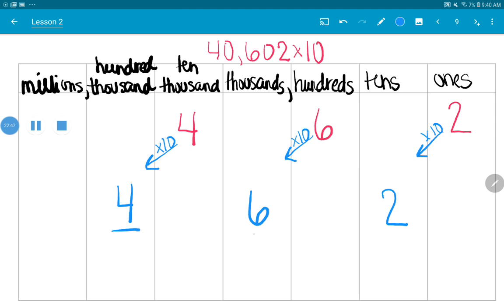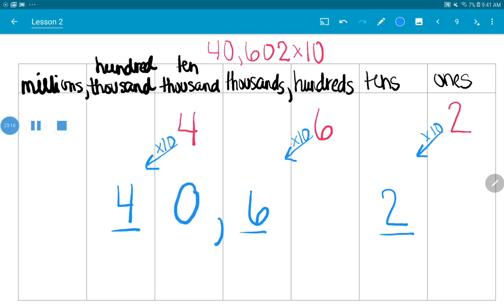Okay, so I have 400,000s. I have 6,000s. I have 2 tens. How many ten thousands do I have? What goes there? What do I put there when I'm writing my number in standard form, Ansley? Yeah, there's going to be a 0 there.